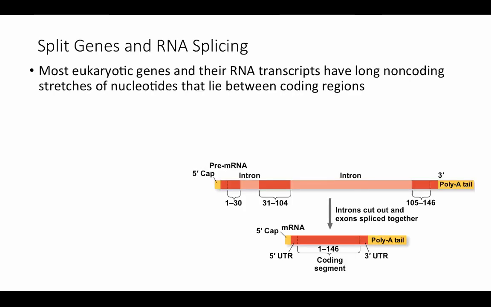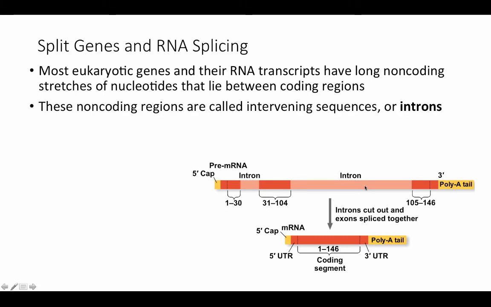Most eukaryotic genes and their RNA transcripts have long non-coding stretches of nucleotides that lie between the coding regions. So we see these long stretches. And these non-coding regions are called intervening sequences or introns. So this is the intron.